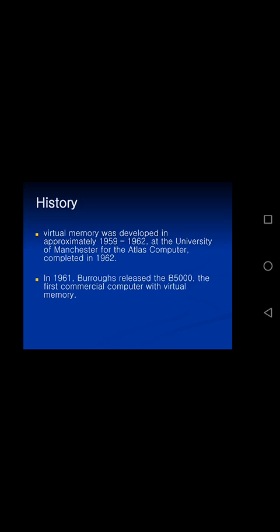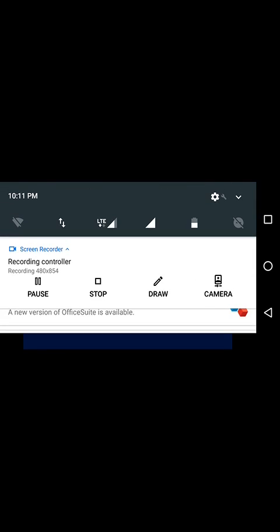So prior to 1959, the programmer had a restriction that a particular program size could not be greater than RAM or physical memory capacity. So this is the history about virtual memory.